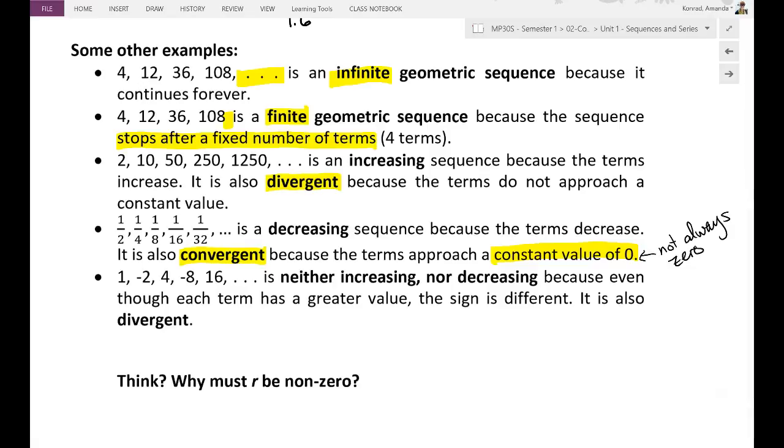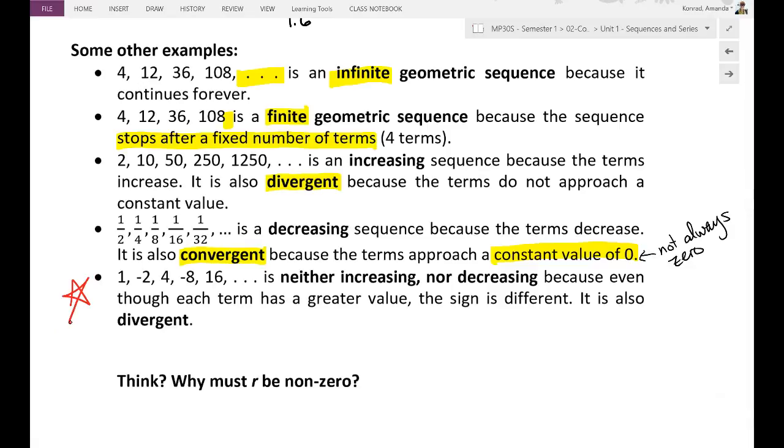But either way, it is also divergent because the numbers still keep getting larger in magnitude. Magnitude just means size. It completely ignores whether it's positive or negative. Okay, so that particular pattern is an unusual one. So you might want to put a star beside it and consider that.